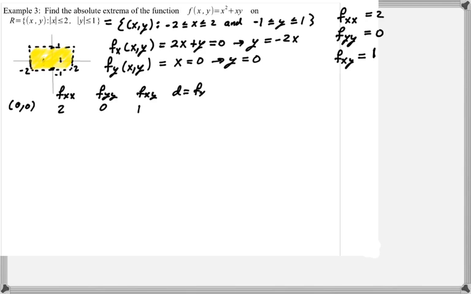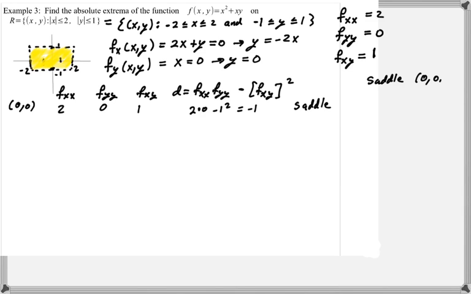D is equal to the second partial with respect to x times the second partial with respect to y minus the square of the mixed partial. So it's going to be 2 times 0 minus 1 squared, which is equal to negative 1. If D is negative, that tells us that we have a saddle point. So it's not really an extremum, but we'll say we have a saddle point here. And if we evaluate the function at 0, 0, we get 0, so we have a saddle point at the origin.